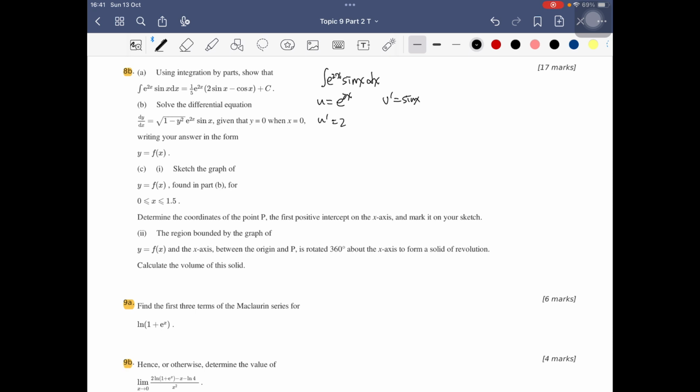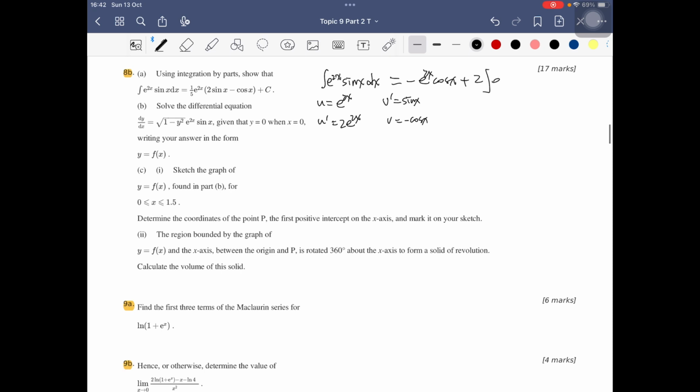So u prime is 2e to the power of 2x, v is negative cos x. So negative e to the power of 2x cos x plus 2 integral e to the power of 2x cos x dx. Now we need to do it again. u equals e to the power of 2x, v prime equals cos x, u prime equals 2e to the power of 2x, and v should be sine x.